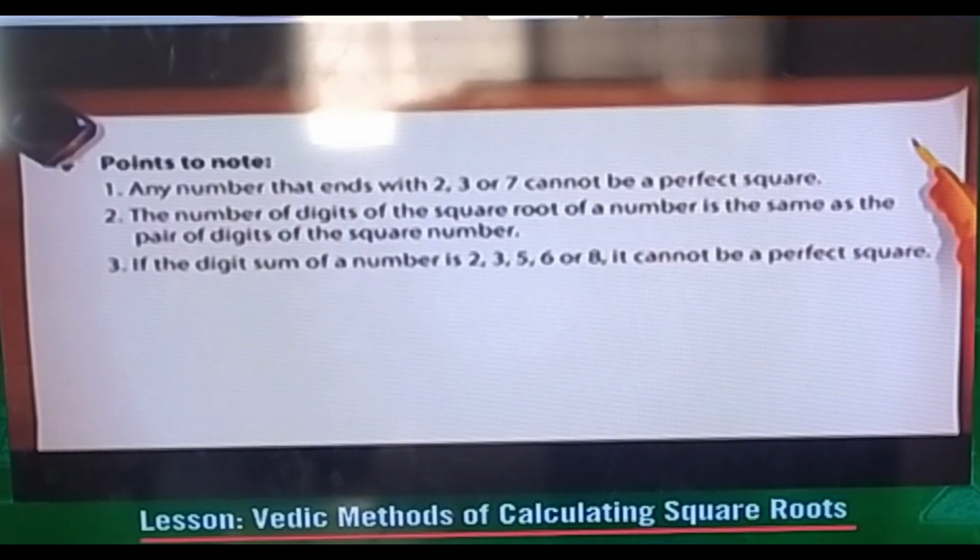If the digit sum of a number is 2, 3, 5, 6 or 8, then the number cannot be a perfect square. With these in mind, we can find the square roots of numbers easily.